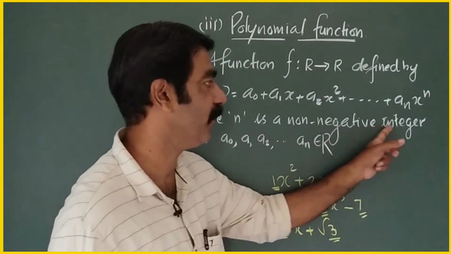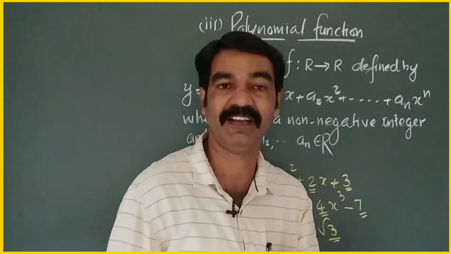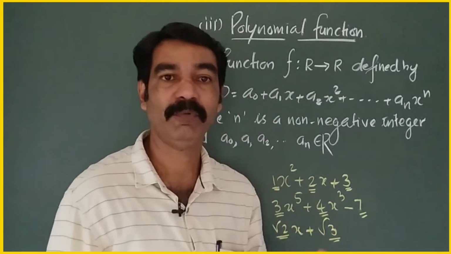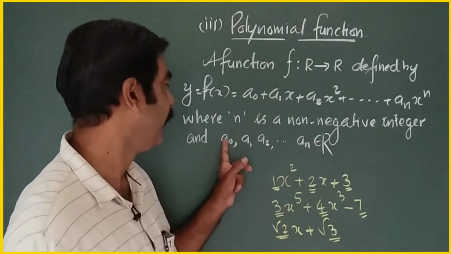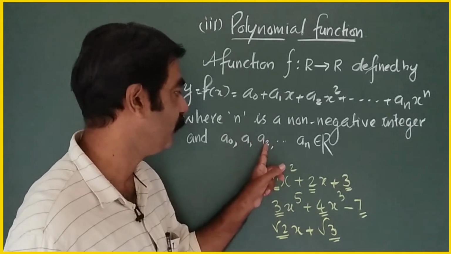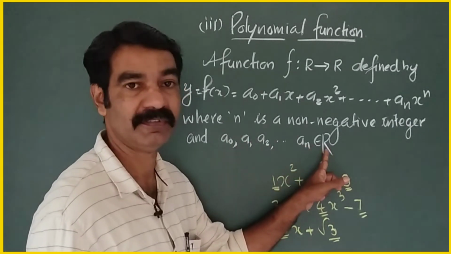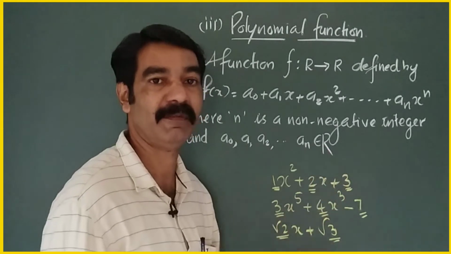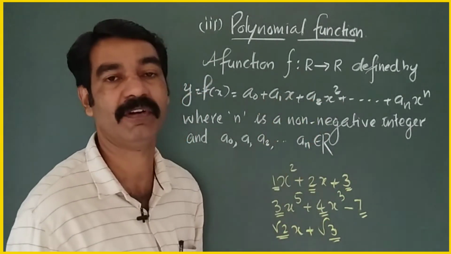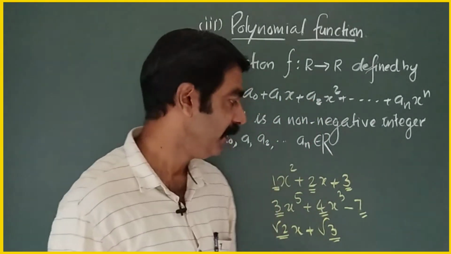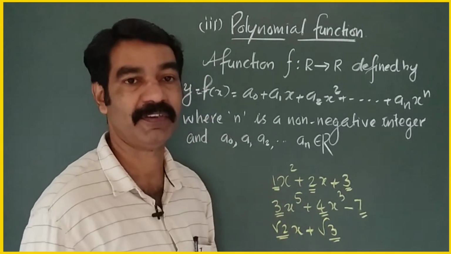Non-negative integers means 0 and positive numbers. And a0, a1, a2, etc. up to an are real numbers. That means the coefficients should be real numbers. So such a function is called a polynomial function. These are all examples of polynomial functions.